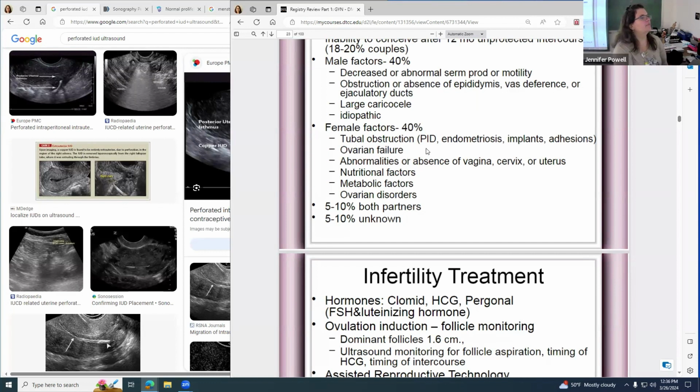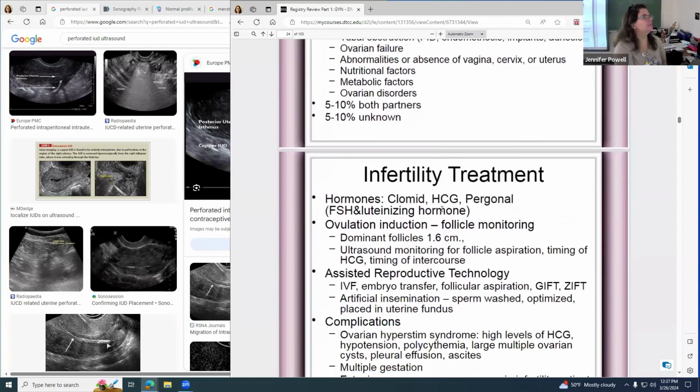That can come from PID, pelvic inflammatory disease, endometritis, implants, adhesions. It could be ovarian failure, abnormalities or absence of vagina, cervix, or uterus, nutritional factors, metabolic factors, ovarian disorders. 5 to 10% of the time, it's both partners, and 5 to 10% of the time, it's unknown reasons.